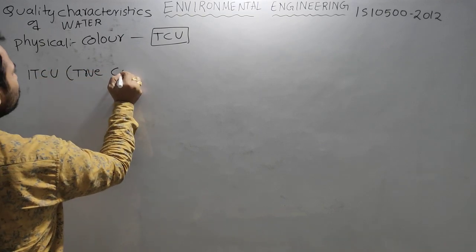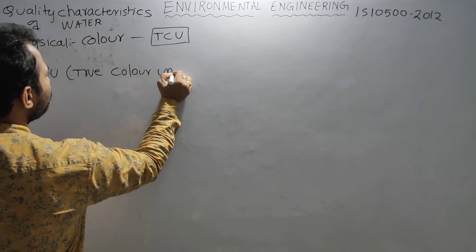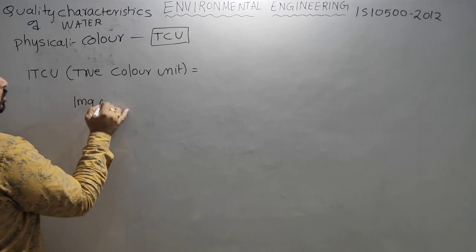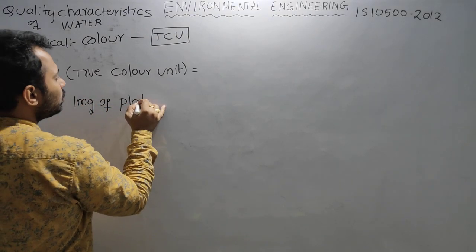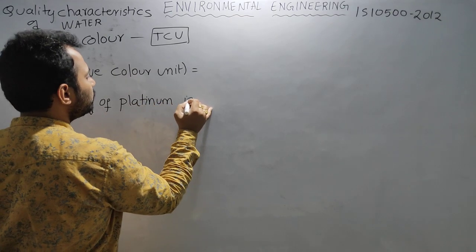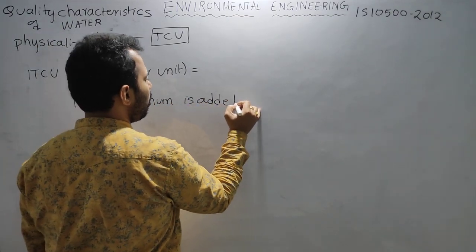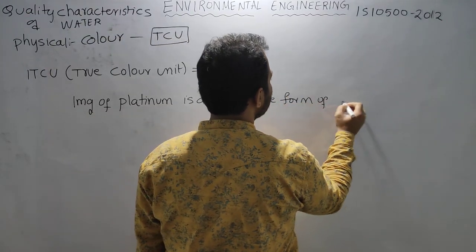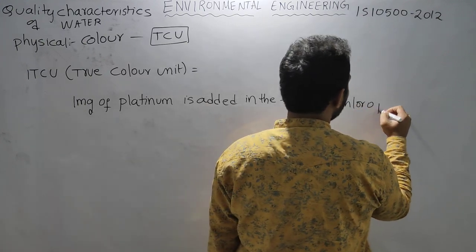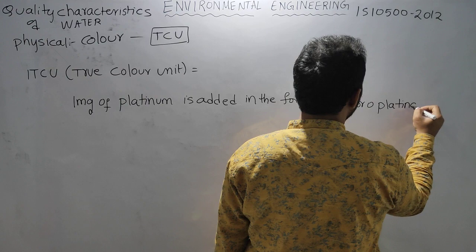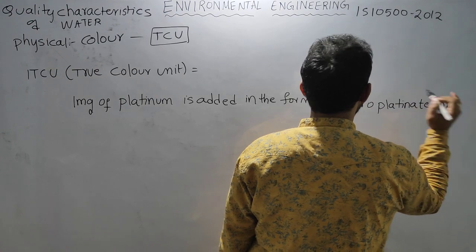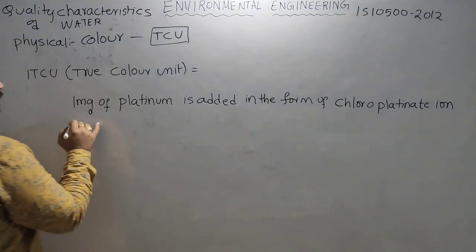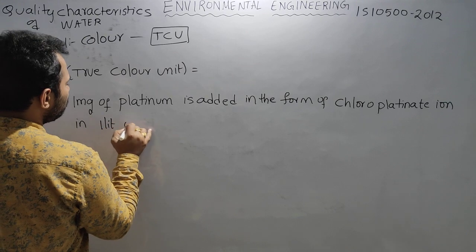1 true color unit is equal to 1 mg of platinum added in the form of chloroplatinate ion in 1 liter of distilled water.